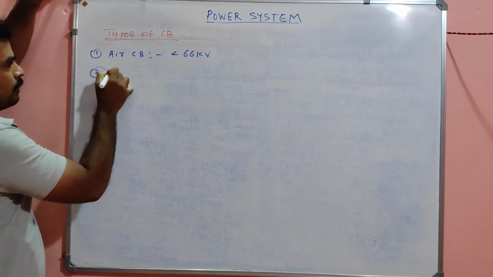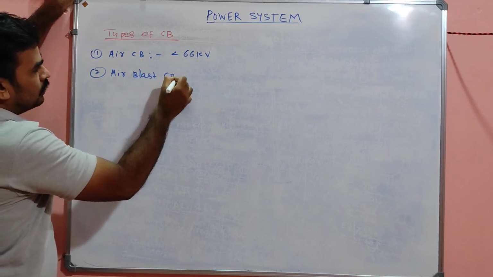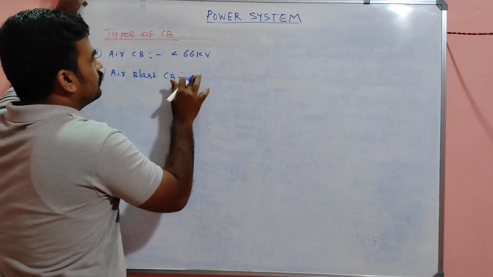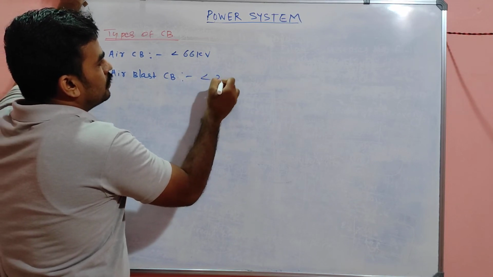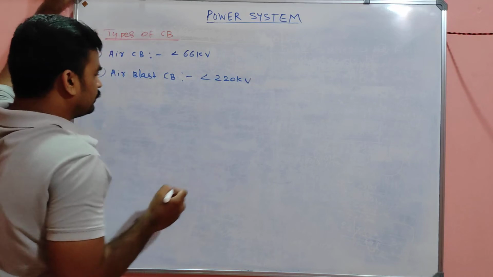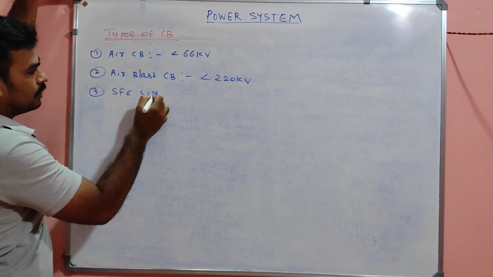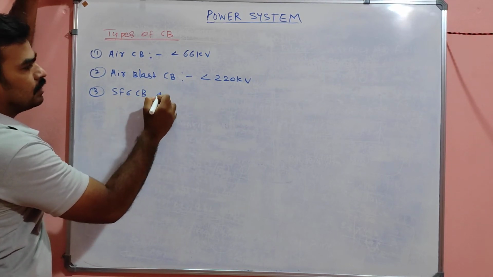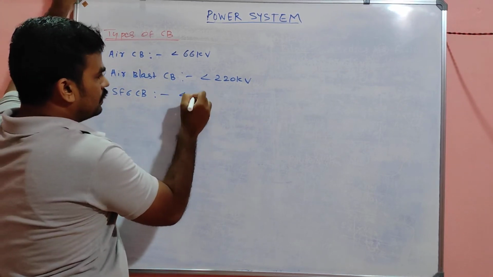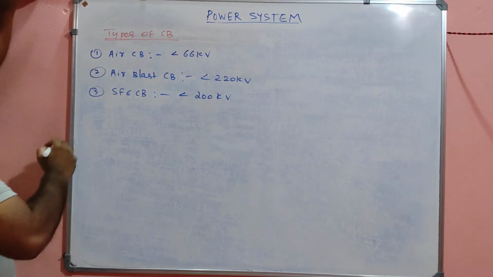Next one, air blast circuit breaker, which is less than 220 kV. And SF6 circuit breaker, directly SF6 circuit breaker, which is less than 200 kV. You can use that.